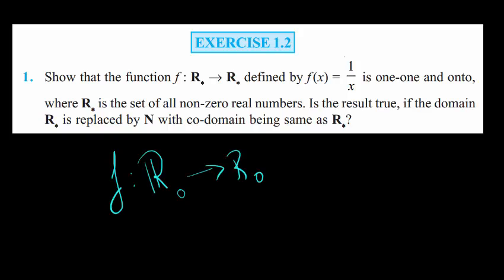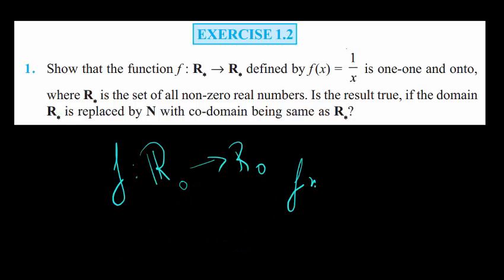It basically means that these are the real numbers except for 0. You need to remove the 0 and consider everything else, in both the first set and the second set. And the function itself is defined as f of x is equal to 1 over x. Now I'm supposed to be proving that this is a one-one function and an onto function.